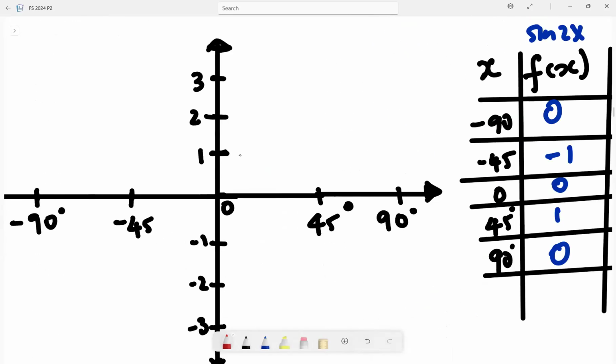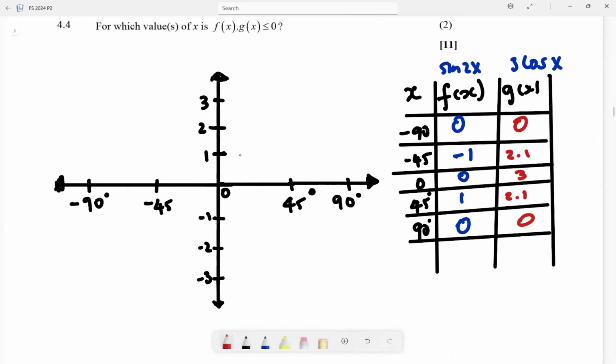Then it's just a matter of me coming here and plotting my graph. How? Like this. I'm going to first look at this one and this one, this one and this one. Then I say, okay, I'm going to plot f of x, the blue one. When x is negative 90, y is 0.